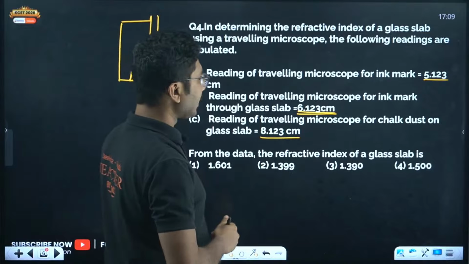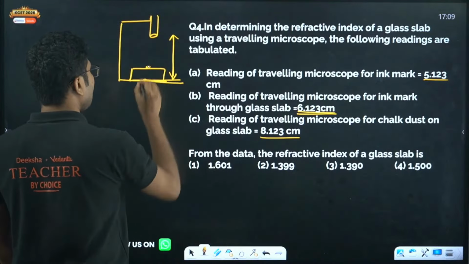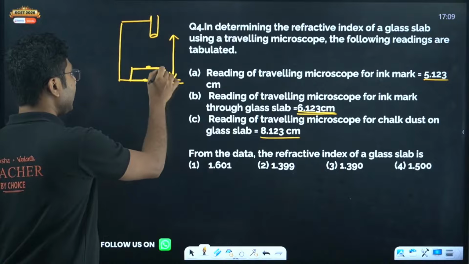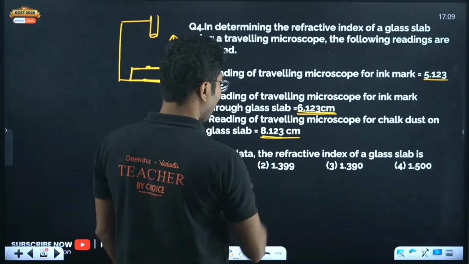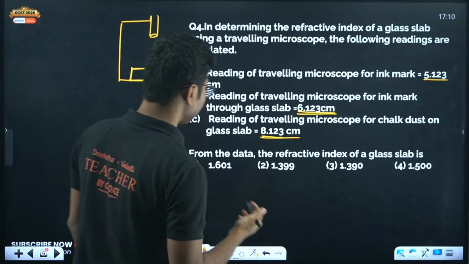Reading of the traveling microscope for chalk dust. Chalk dust is on the top of the glass slab, right? So this is coming out to be 8.123. So how to calculate the refractive index?